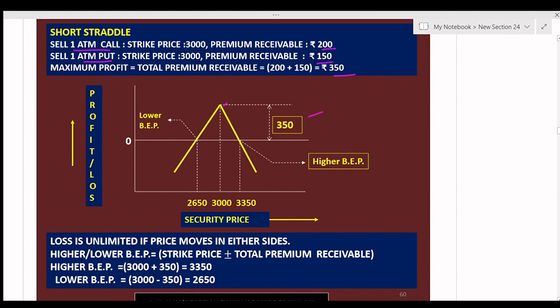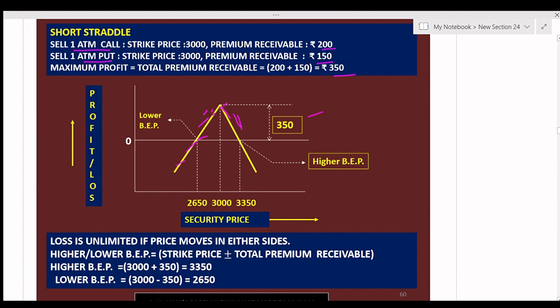And when the market goes down or up, it is bearish side and it is bullish side. Now if it decreases from this point, then the profit will decrease gradually up to point BEP where it is nil, and when it crosses, the loss starts and that may be unlimited.